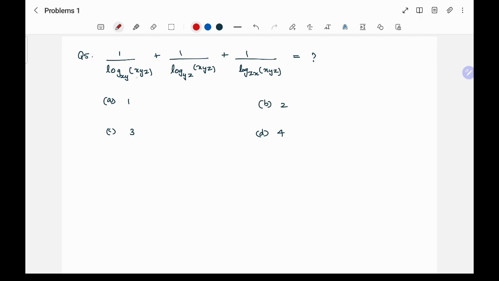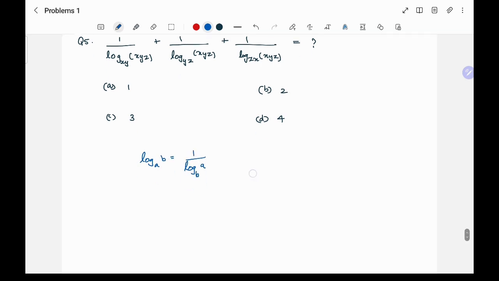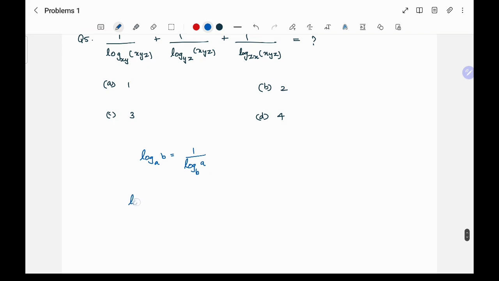If you also notice, whatever is inside the log is the same, right? So then we can use the formula we know, right? Log a to base b is equal to 1 by log b to base a, right? So in that case, what happens?